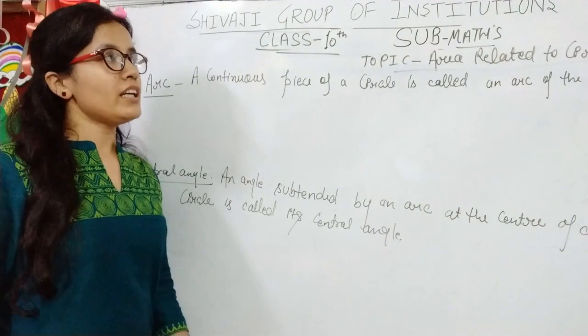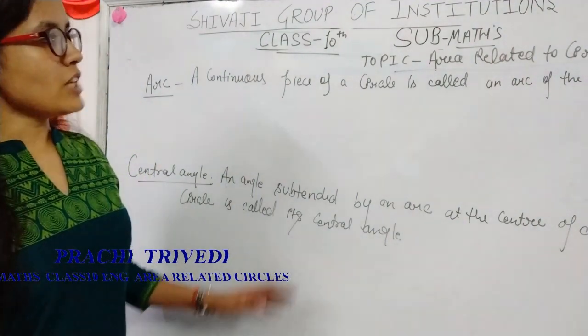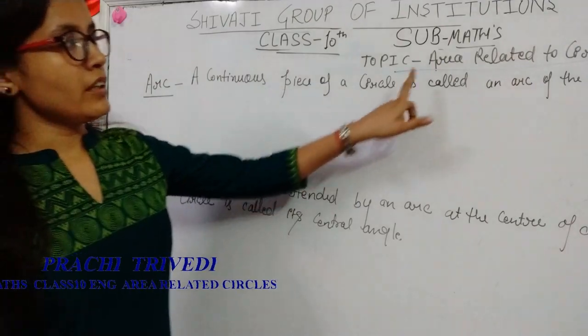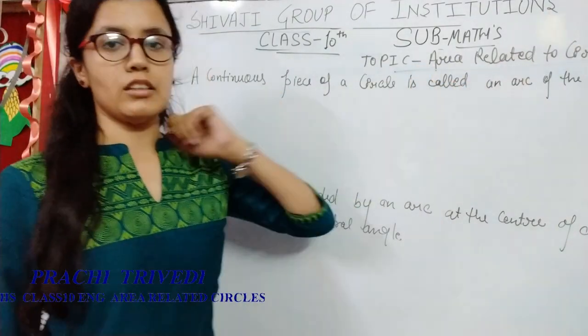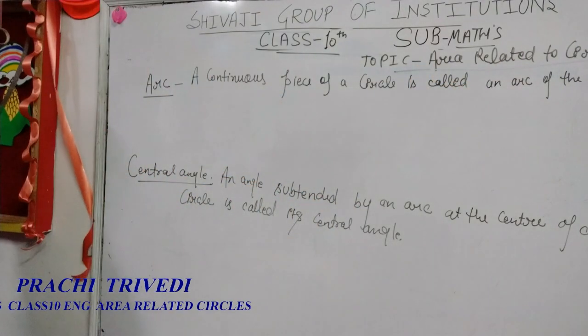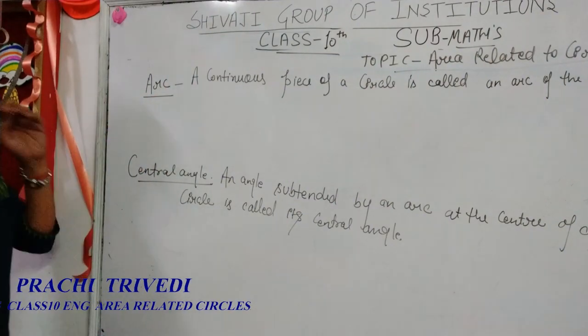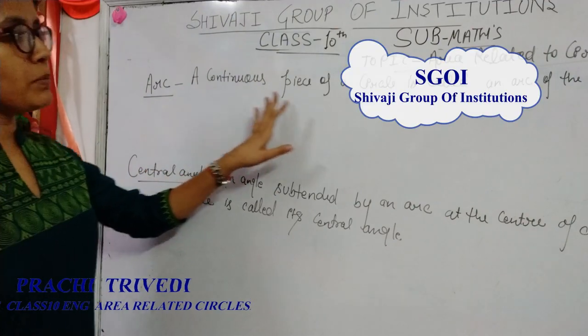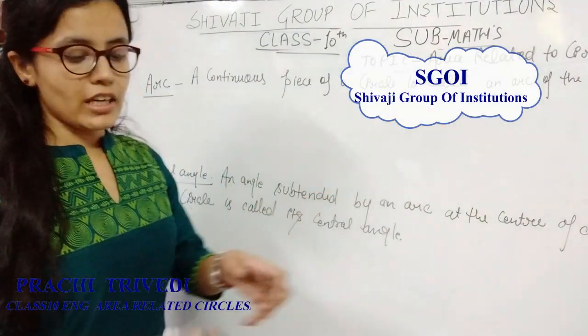Students, today we will discuss part 3 of the chapter Areas Related to Circles of class 10th. Firstly, what is an arc? A continuous piece of a circle is called an arc.